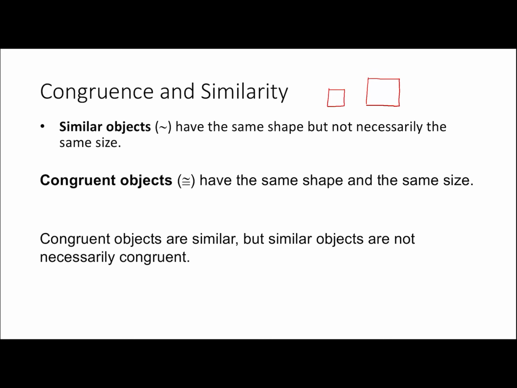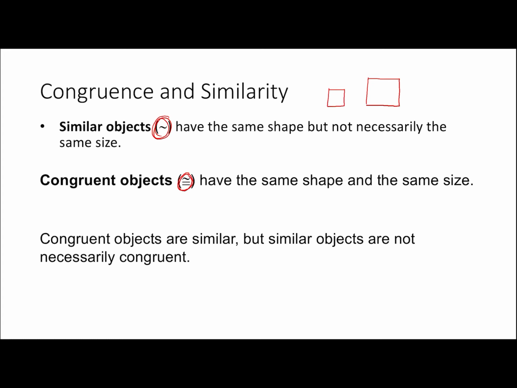If you were to look at a square, you know that this square and this square have the same shape, right? Their angle measurements are the same. They're both squares, but their size is different. So we would consider those to be similar, but not congruent.